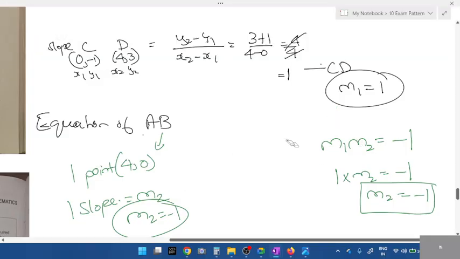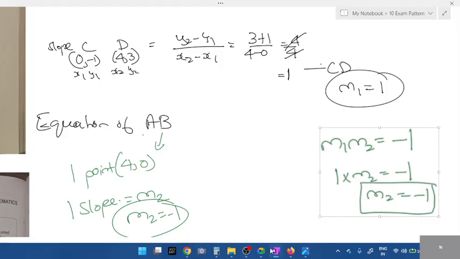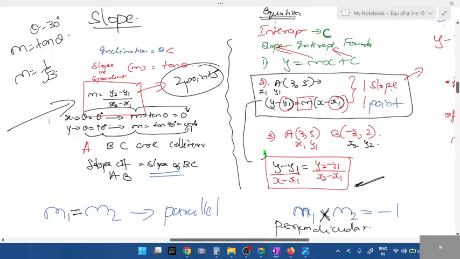This is the concept. First go through this. In order to find equation, remember they told us to find equation of AB, students. Check the formula. I've written slope and equation on top. In order to find equation, you either need one slope, I've written in the box. Look at the box. You need one slope and 1 point. Or you need 2 points.